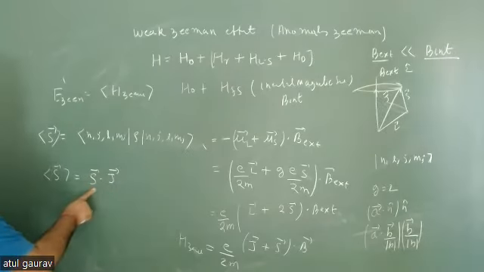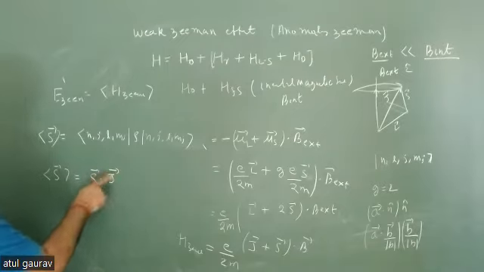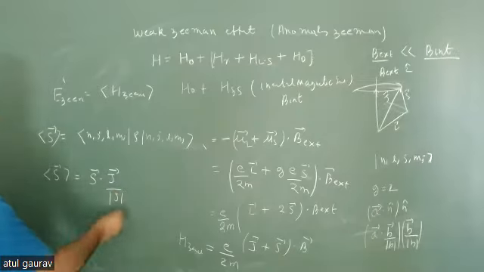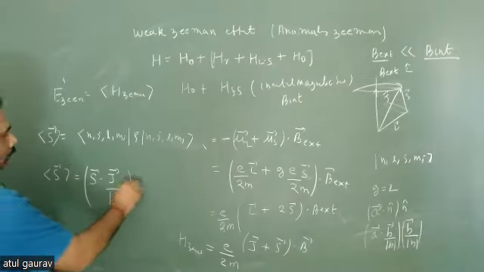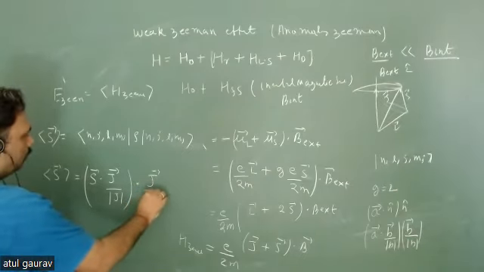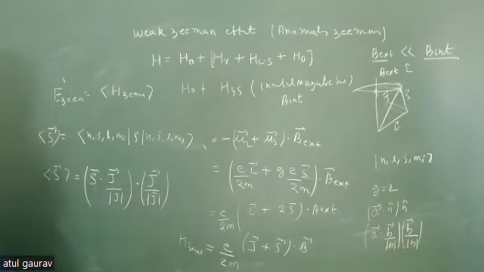In place of A, what has happened? S. Whose projection do we have to take? S. In which direction? In the direction of J. Obviously I have to make it a unit vector, that is J, so we go for J by mod J. Are you getting my point? So what will happen?